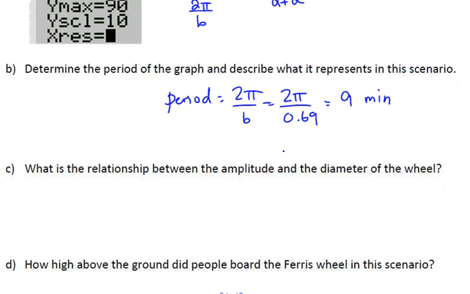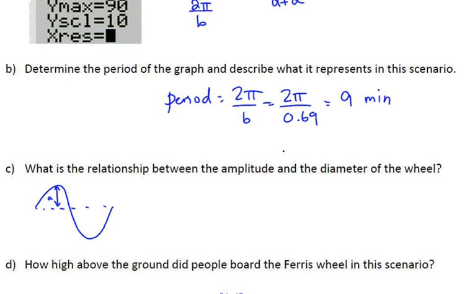What is the relationship between amplitude and diameter of the wheel? We talked about this before. What's the relationship between amplitude and diameter? So if you think about it this way, we're graphing height versus time, right? And this is my amplitude.